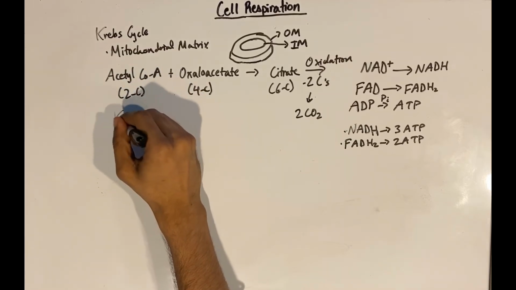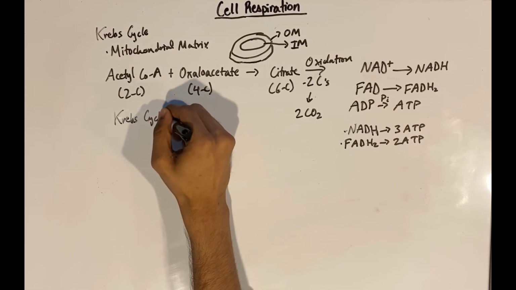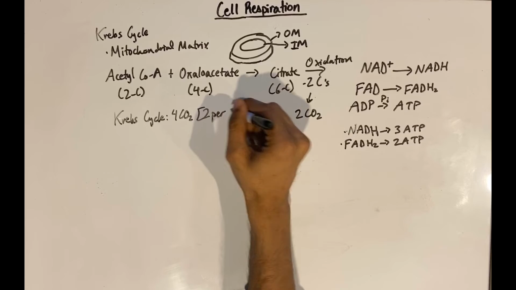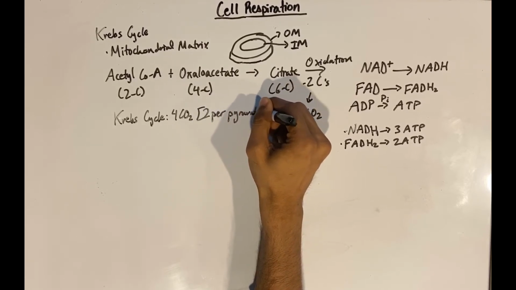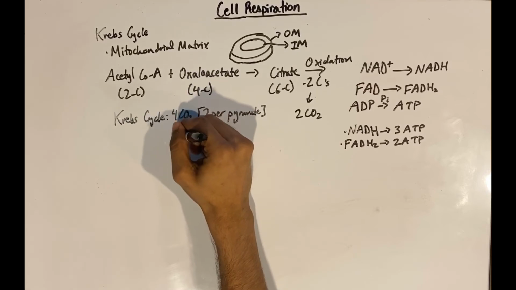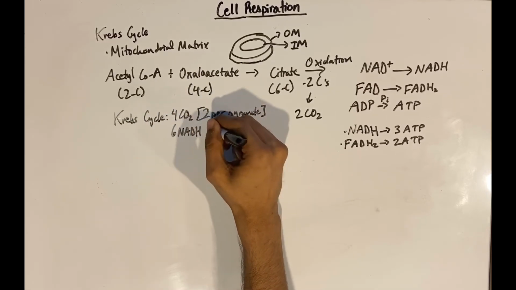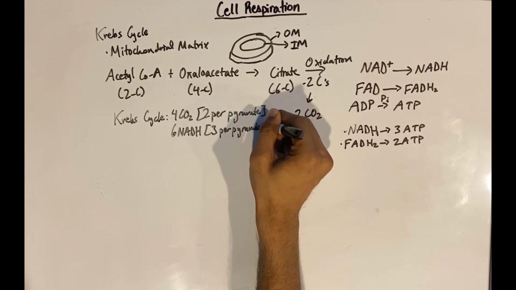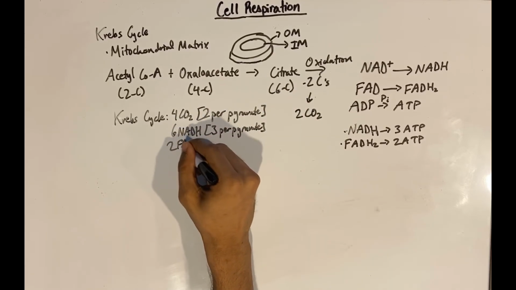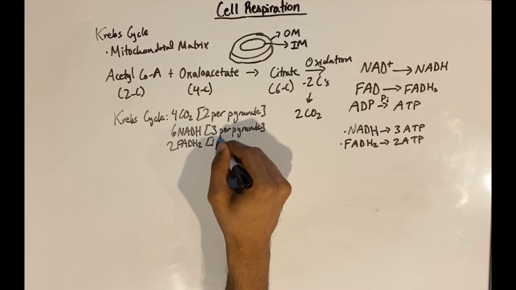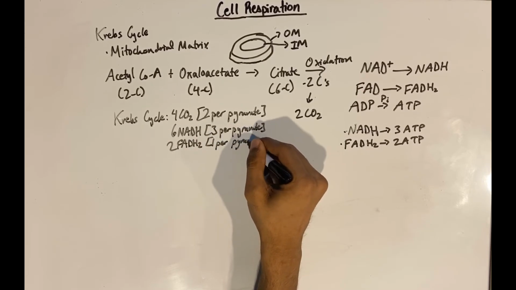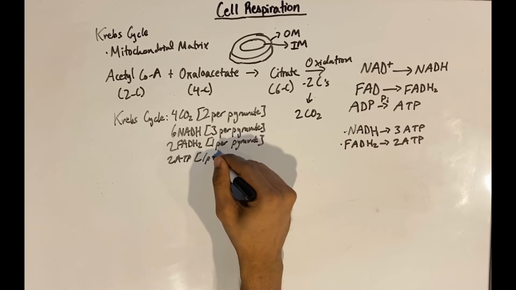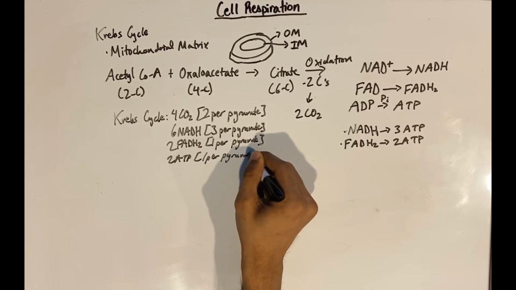So just to recap, the Krebs cycle produces about 4 CO2, 2 per pyruvate, about 6 NADH, 3 per pyruvate, 2 FADH2, 1 per pyruvate, and 2 ATP, also 1 per pyruvate.